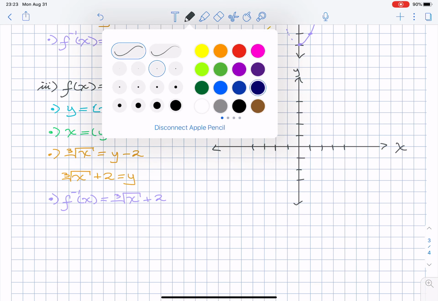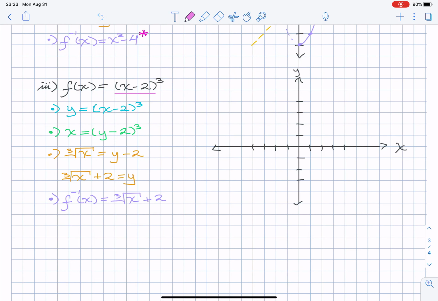And it's a cubic, so let's go ahead, shift to the right 2. So it's going to be a nice S-shaped graph. So this is my f of x.